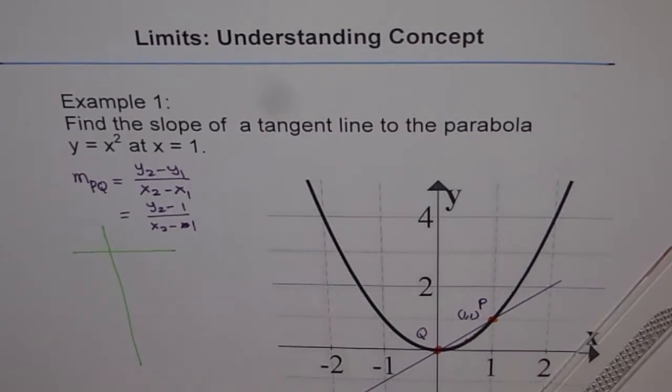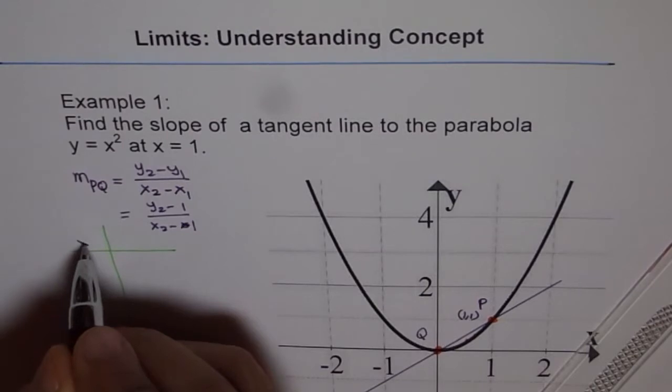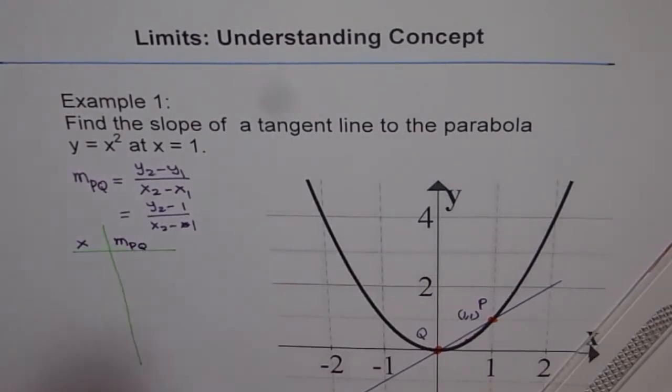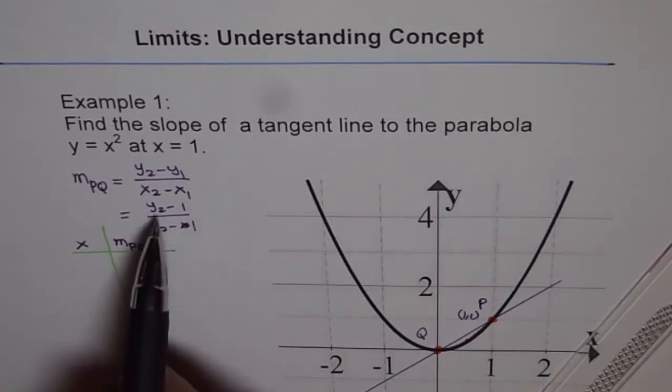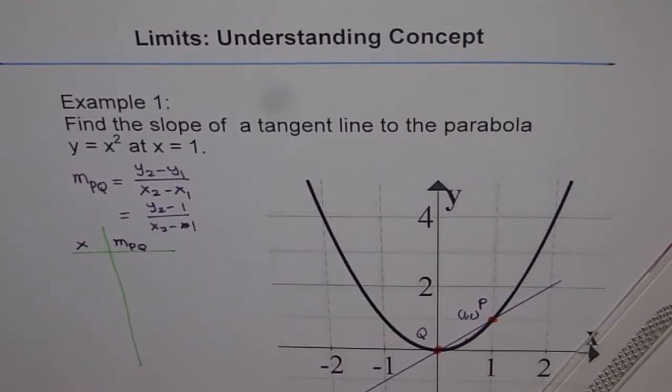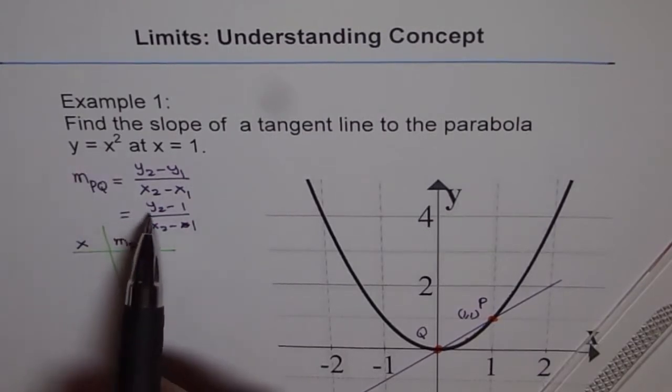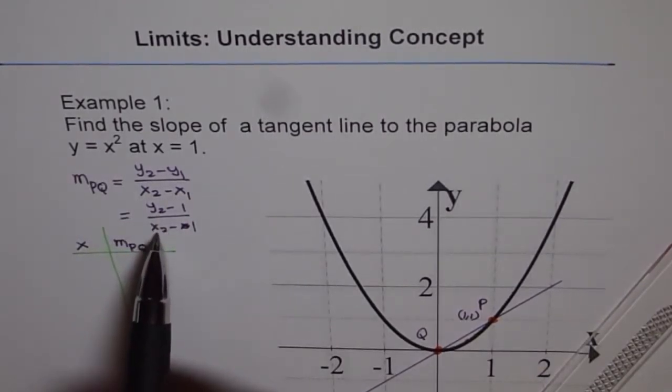So here is the table, and we will write the values where x is less than 1 but closer to 1. We will use x values here and the slope MPQ on this side. We'll calculate using y2 and y1. Remember, the equation is y equals x square. So we know y2 if we know x2.